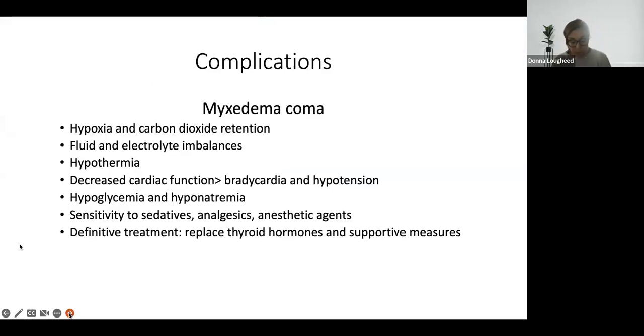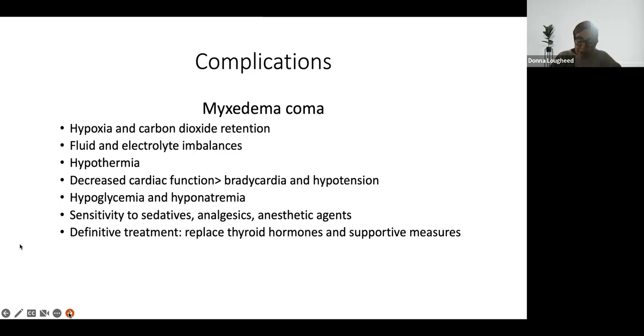The most severe type of hypothyroidism is termed myxedema coma. Myxedema coma is a life-threatening complication of long-standing, untreated hypothyroidism, usually triggered by an acute illness or trauma.